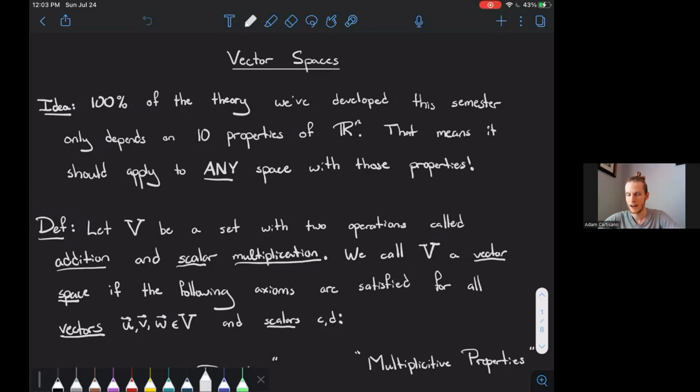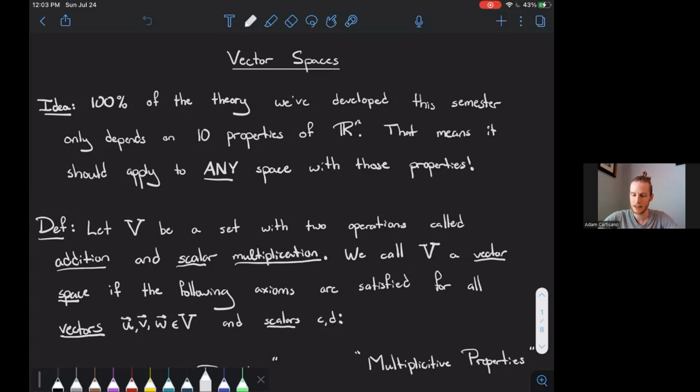We kind of haven't mentioned it at all. However, the theory of vector spaces is kind of the whole point of studying linear algebra. So we'll start to see vector spaces in general starting now.